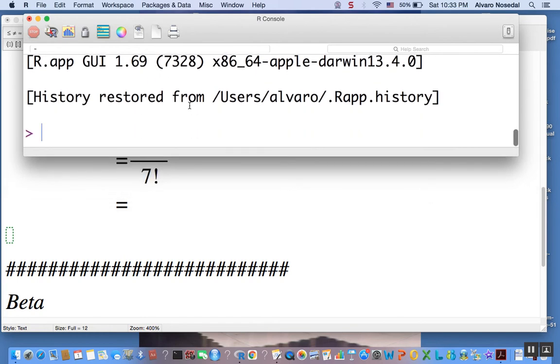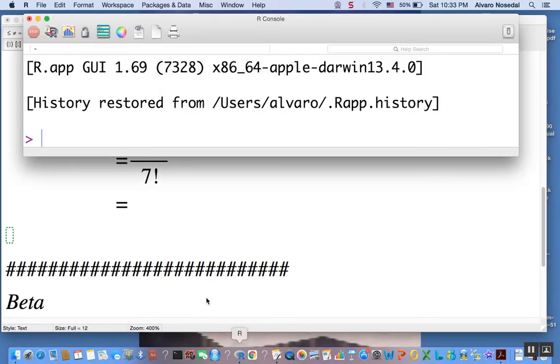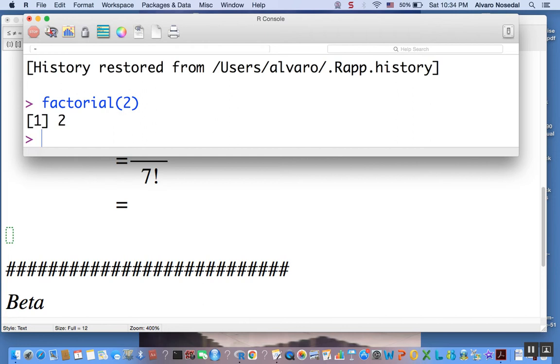So what we have here is just 2 factorial times 4 factorial divided by 7 factorial. If you want to find the factorial of 2, just use the built-in function factorial.